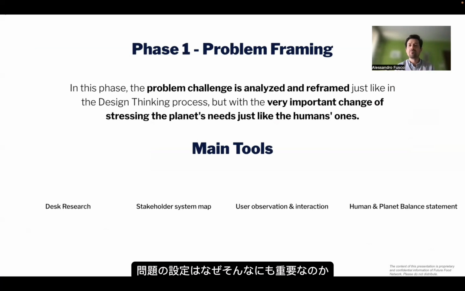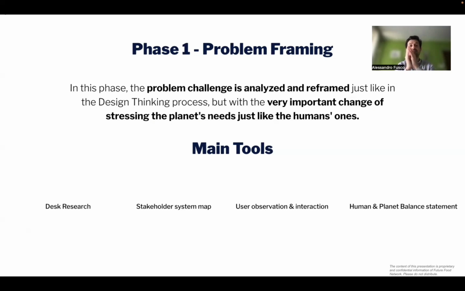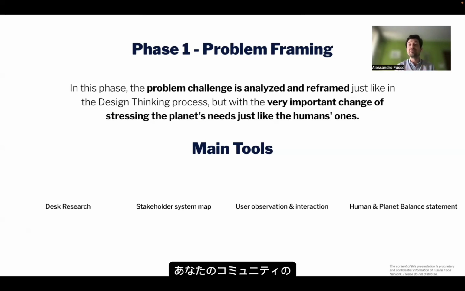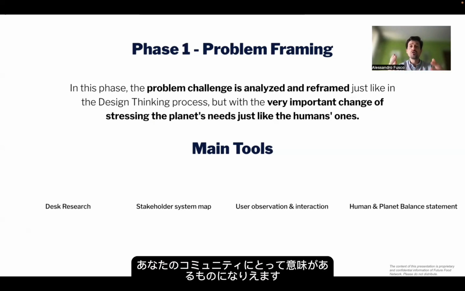Problem framing, why is it so important? Problem framing is so important because only if we think about the right why, if we think about the right questions, if we analyze and we choose the right questions, then we can prepare and we can find the right solution, and a solution that can be meaningful for your context, for your community.